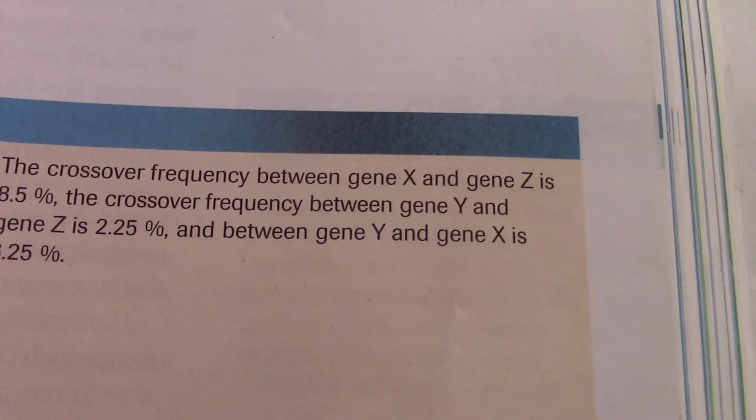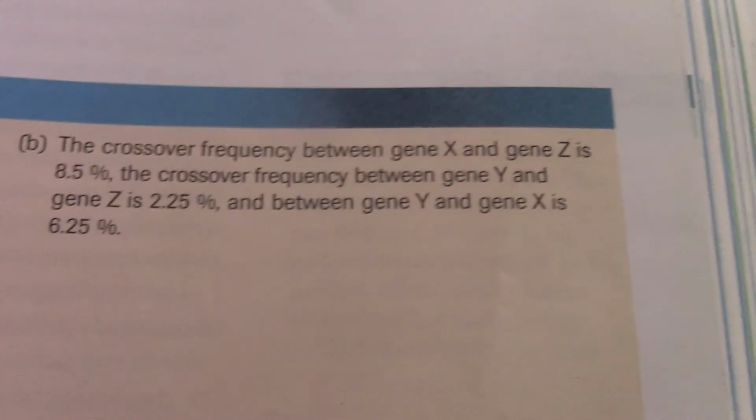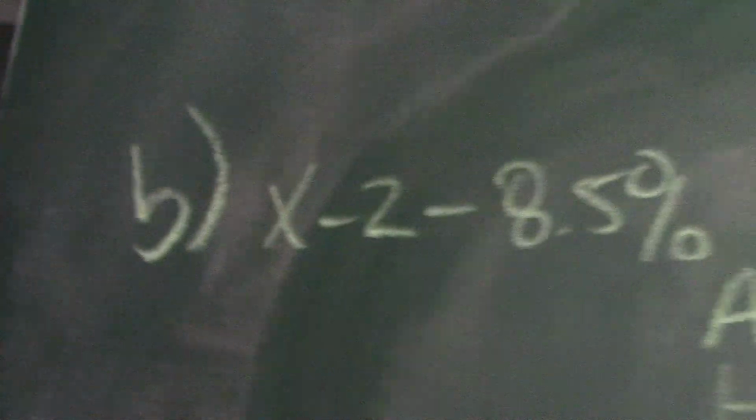B on this question says, the crossing over frequency between gene X and Z is 8.5%. So this is B. So X and Z is 8.5%. So they're 8.5 map units away.